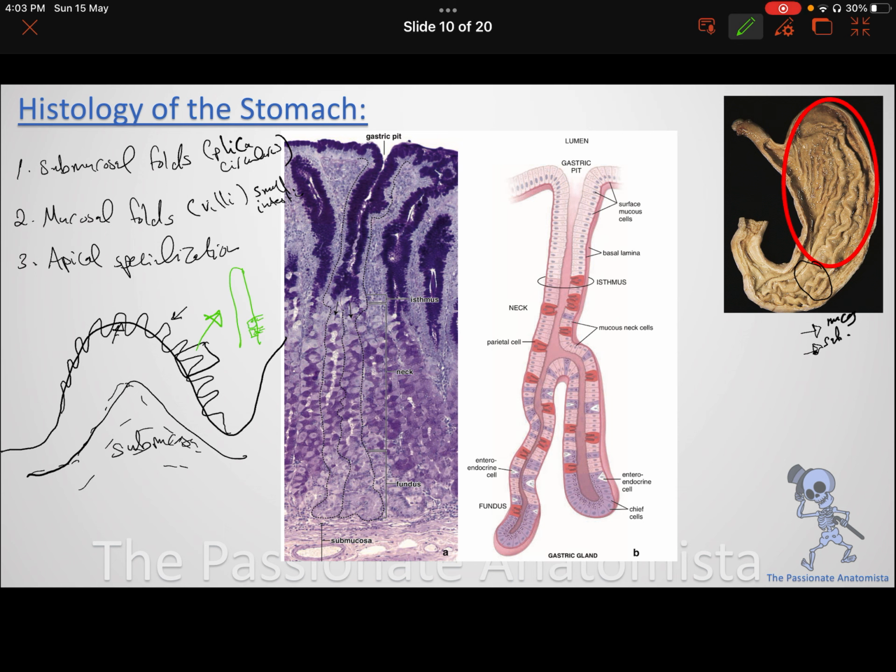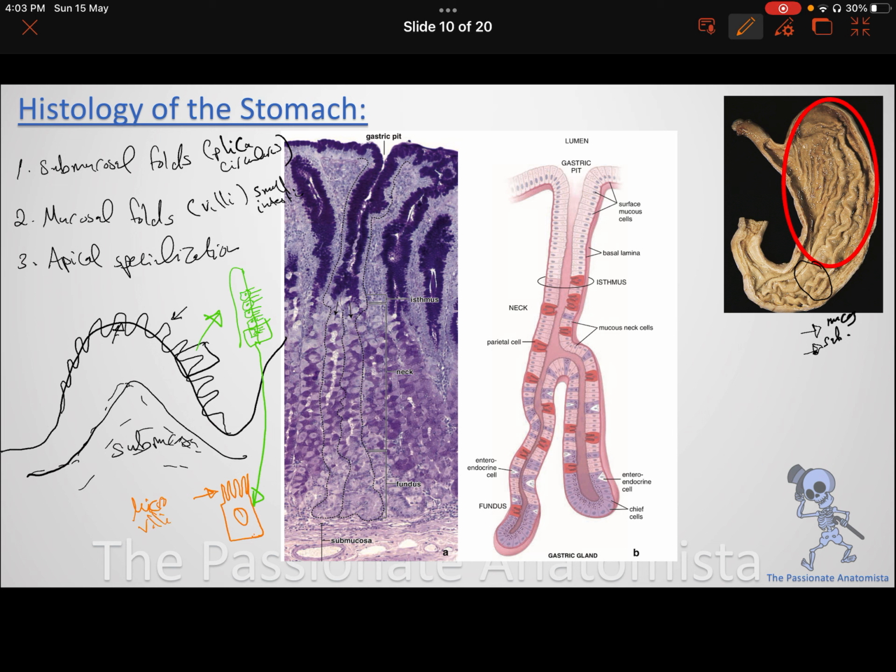Now, if you take one of these simple columnar cells and think about it, you will find that this columnar cell also has another kind of folding, which I call the microvilli.